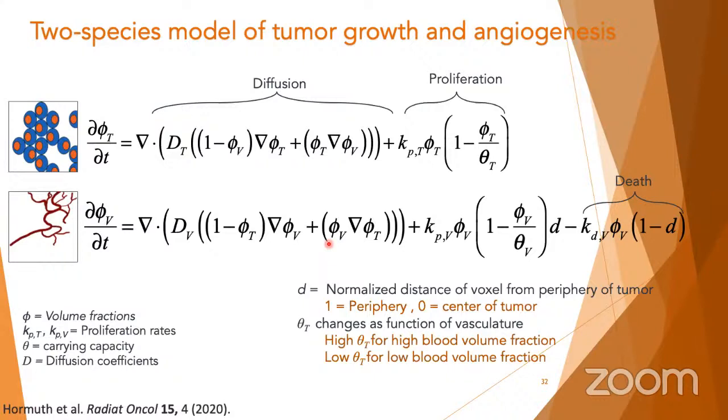But the other way around, in the tumor equation, you have a similar symmetrical term, where the tumor migrates toward the vasculature.